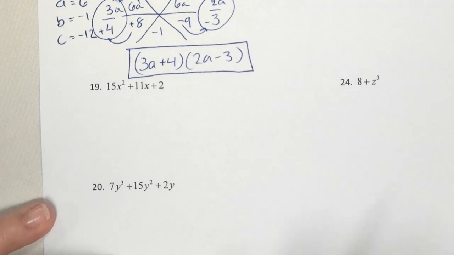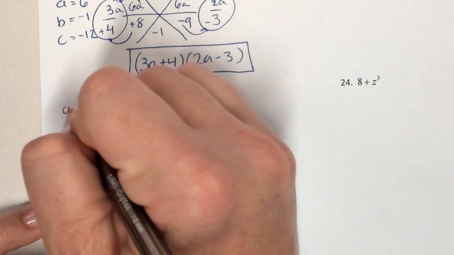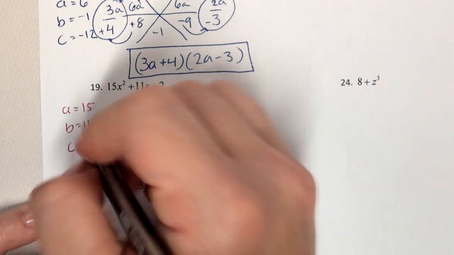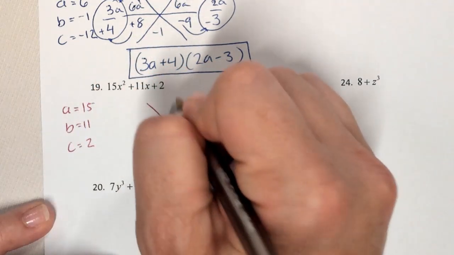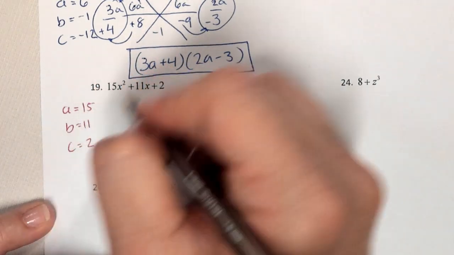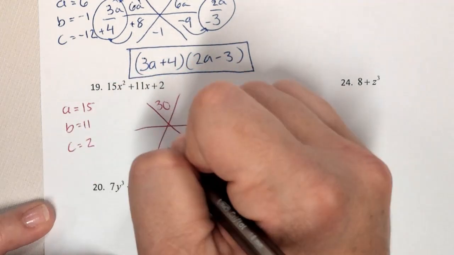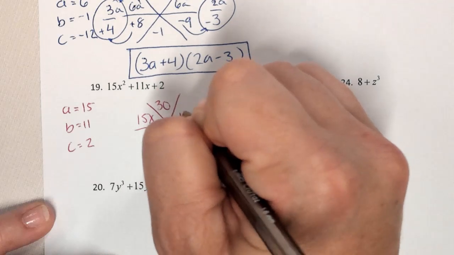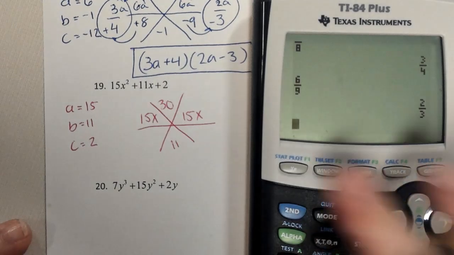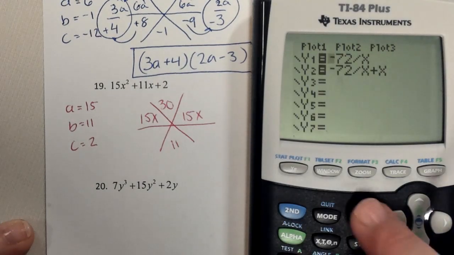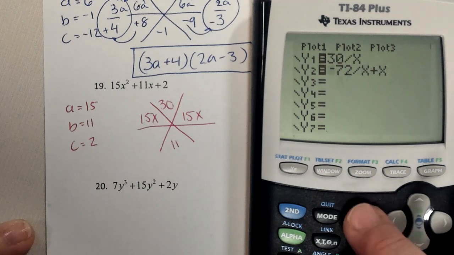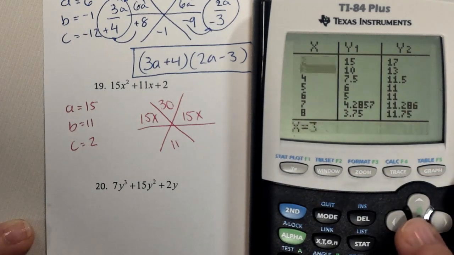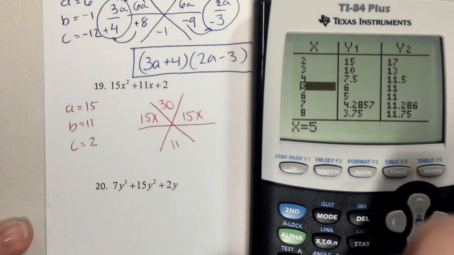Okay, number 19. Again, no GCF. A times c is 30. B is 11. A is 15, so 15x, 15x. There was no GCF. So 11 is right here, so we have 5 and 6.